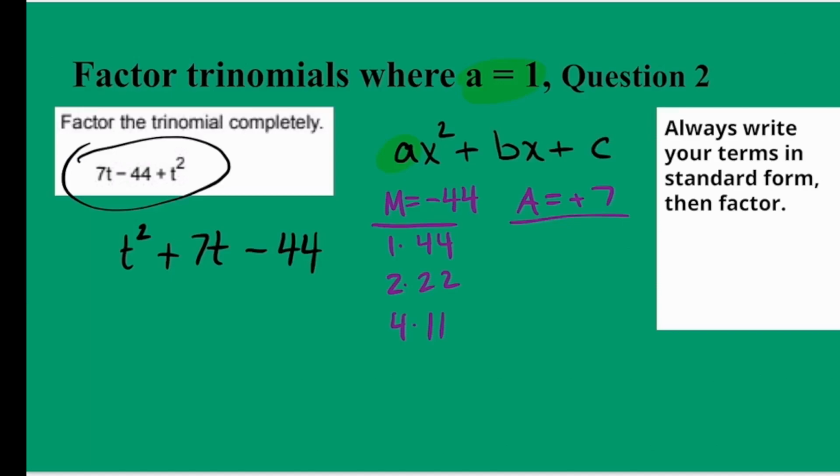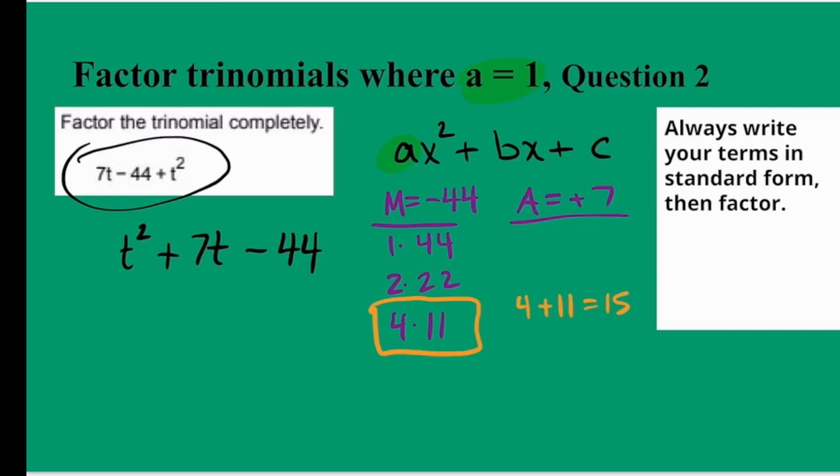So here's what I would suggest. Each of these you add or subtract depending on the signs. I'm just going to jump to it: for 4 and 11, if I do 4 plus 11, it's going to give me 15. It's not going to work.